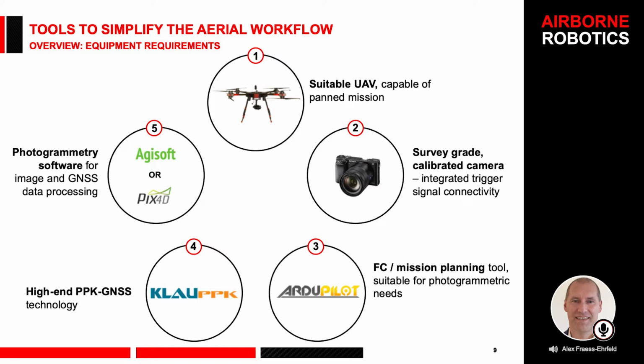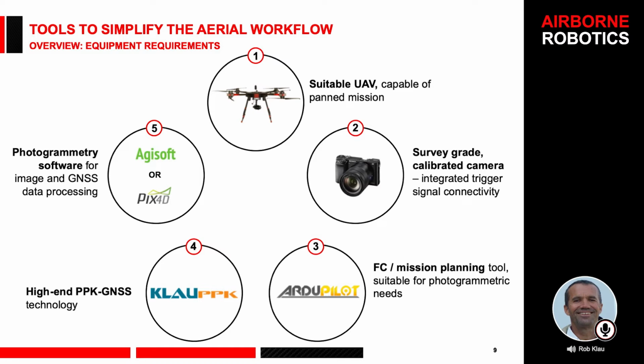Okay, then I would like to hand over to Rob again with regards to the GNSS system. Yeah, thanks, Alex. As we mentioned before, with PPK or that hybrid PPK process, you can determine very precise, very accurate absolute accuracy on your camera center for each photo. This comes down to getting the very precise timing of each photo.